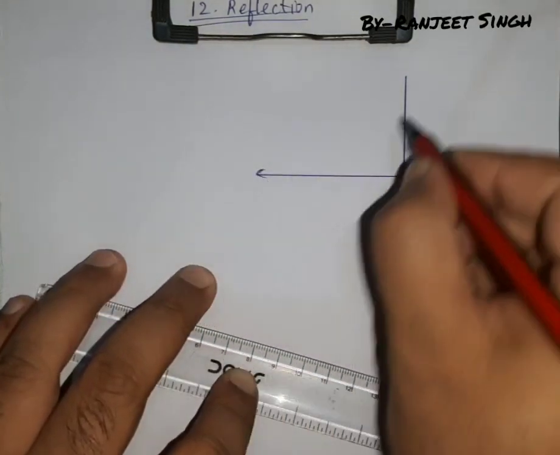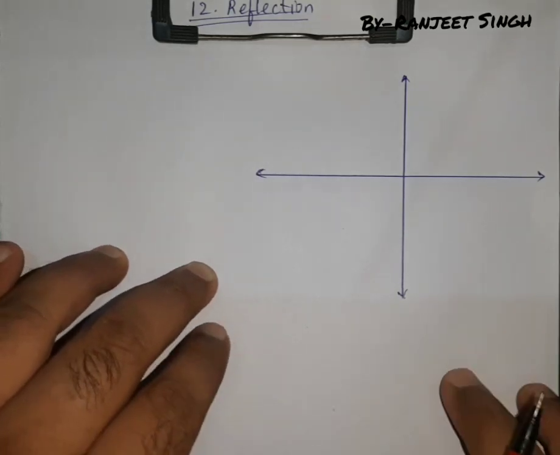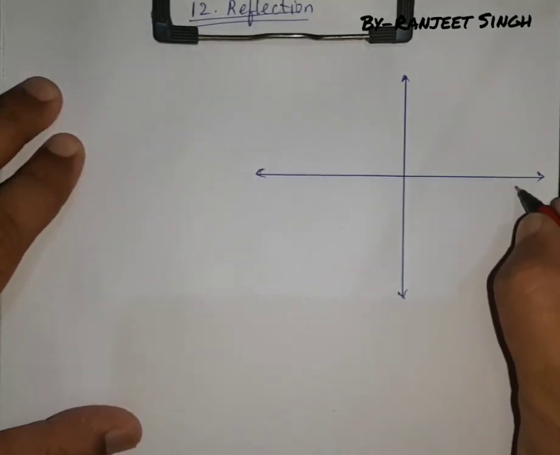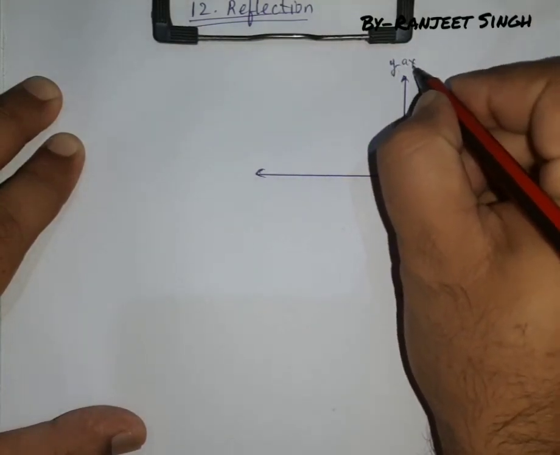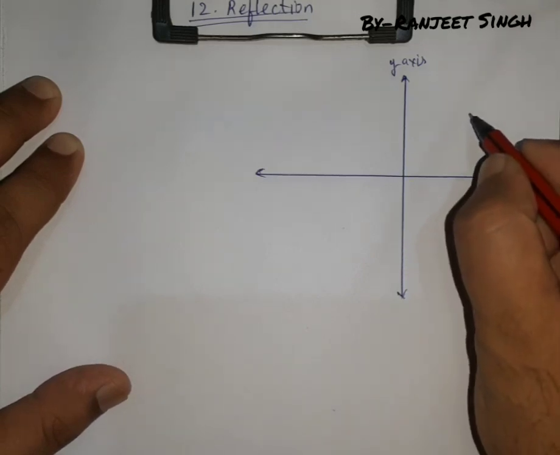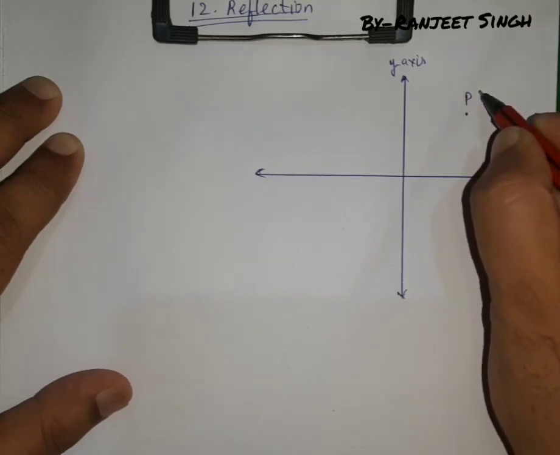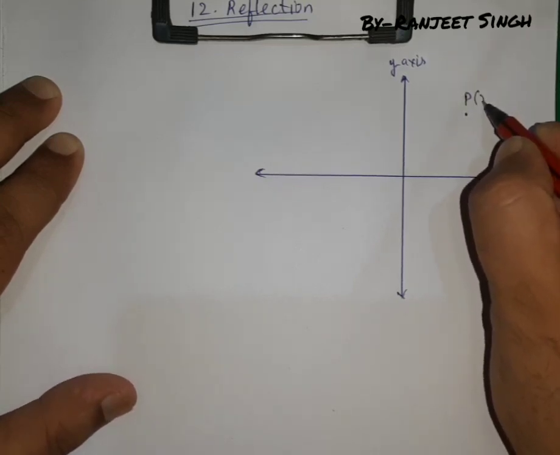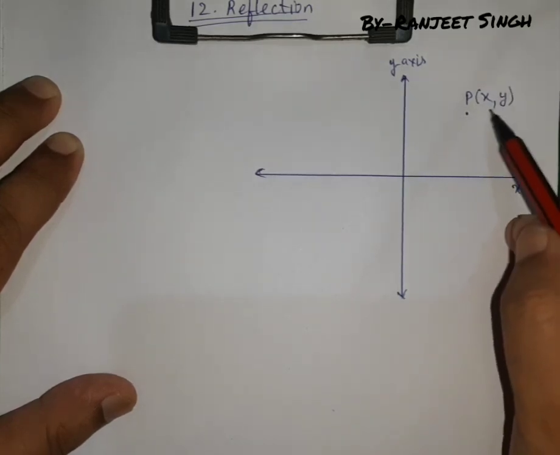In the coordinate system, we have two perpendicular axes. One is called the x-axis and one is called the y-axis. In this system, any point, let us say I have some point P here, is represented by two values, one x and one y, and this is always in the form of an ordered pair.